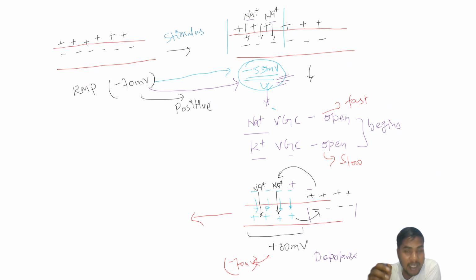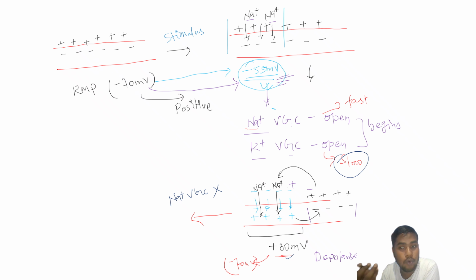We have discussed that the opening of the sodium ion voltage gated channel is a fast process. As soon as the membrane potential becomes plus 30 millivolts, this sodium ion voltage gated channel will close now. Since the potassium ion VGC is slow opening, at this stage the potassium ion voltage gated channel is open.